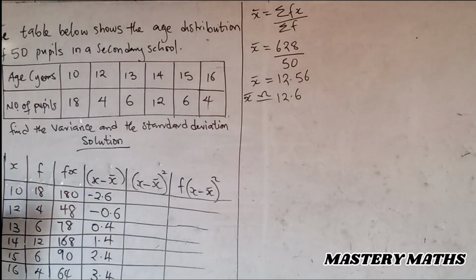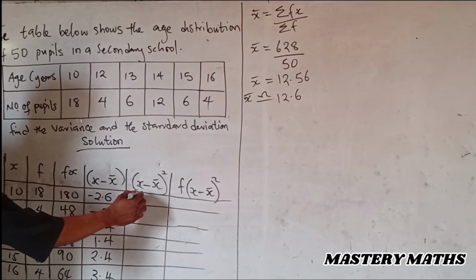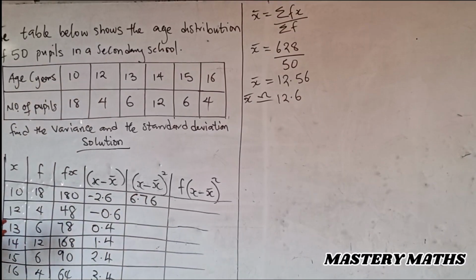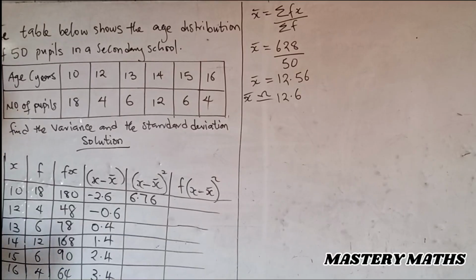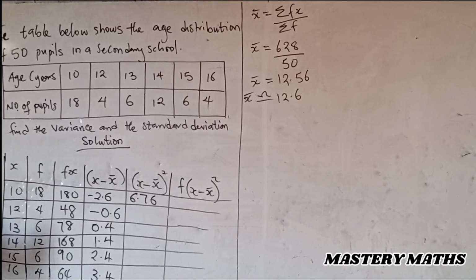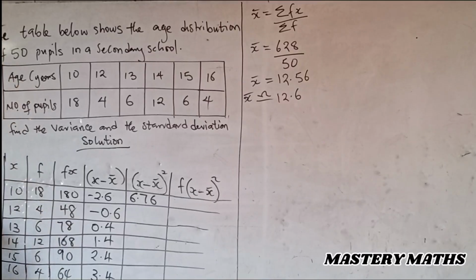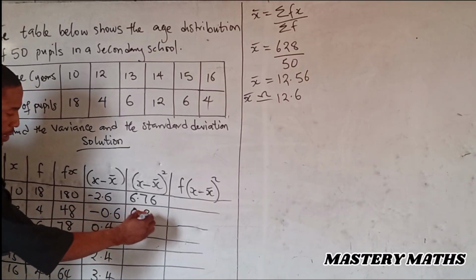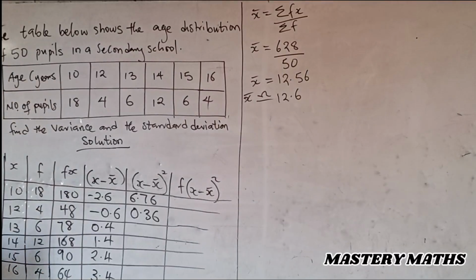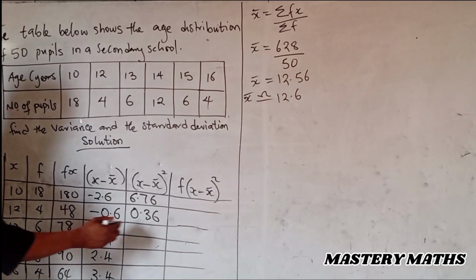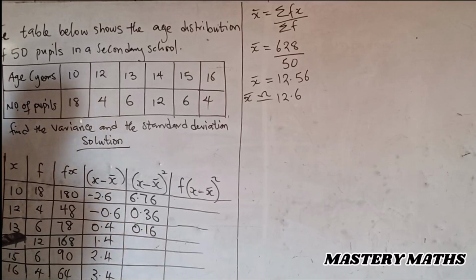Now let's do it. Minus 2.6 times minus 2.6 will give us 6.76. You've seen it? Now the next one, minus 0.6 times minus 0.6 will give us 0.36. Now the next one, 0.4 times 0.4 will give us 0.16.